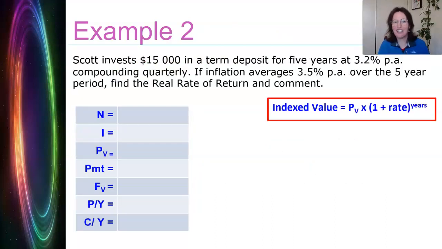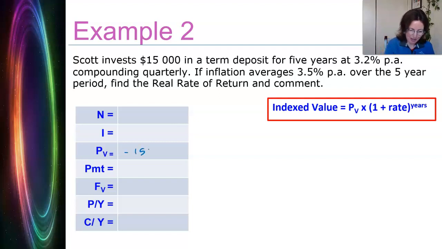So Scott, he invests $15,000 in a term deposit for 5 years at 3.2% per annum, compounding quarterly. If inflation averages for this time round 3.5% per annum per year over the 5-year period, find the real rate of return and comment. So let's work through this one number at a time. He invests $15,000. Where should we put that?